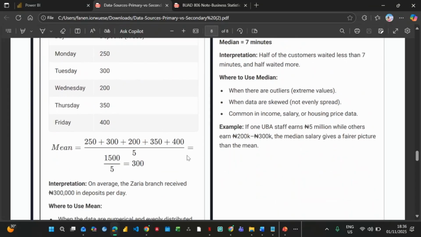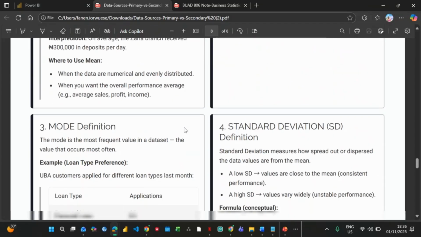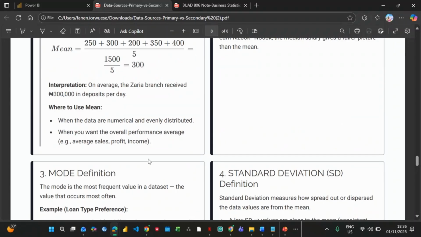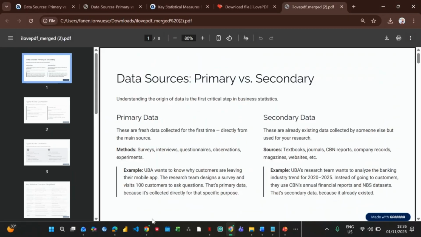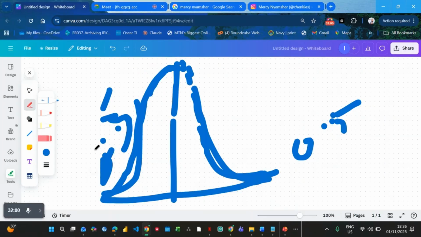No, I can see my screen. I can't see your screen. No. Okay. We can see now.